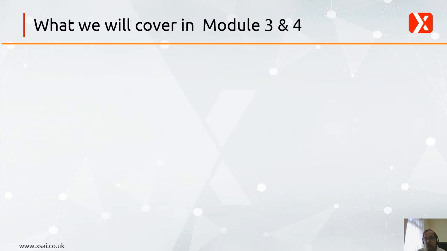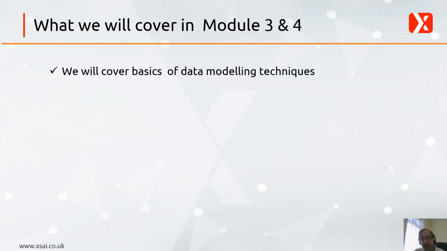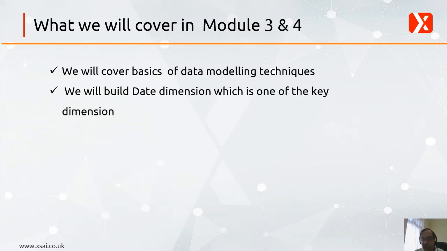So now we have come to the end of module 2. Let's understand what we will cover in modules 3 and 4. We will cover the basics of data modeling techniques. We will understand what a star schema is and what a snowflake schema is. We'll also build the date dimension, which is one of the key dimensions, within Power BI.